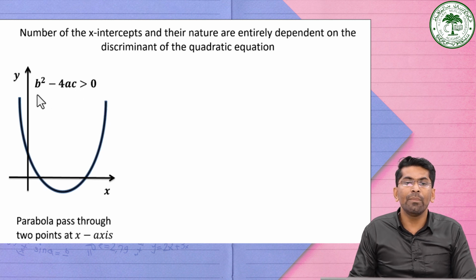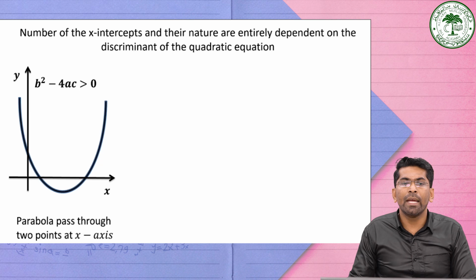If the discriminant is positive, that is b square minus 4ac is greater than 0, then the quadratic equation has two distinct real roots, and the parabola passes through 2 points on the x-axis. One is here and another one is here.